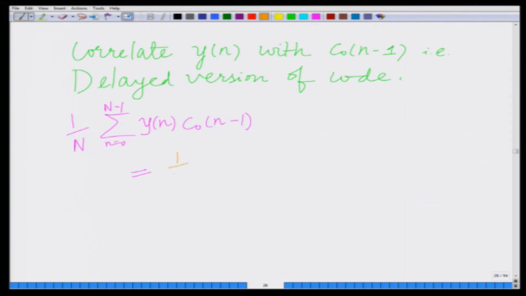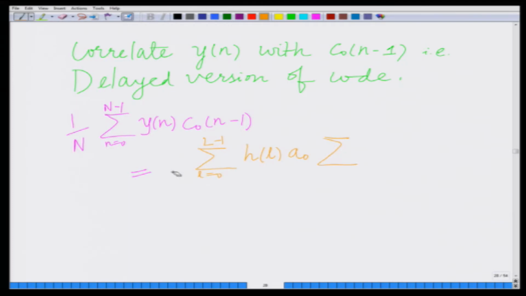1 over n summation L equal to 0 to L minus 1 of H of L A naught.